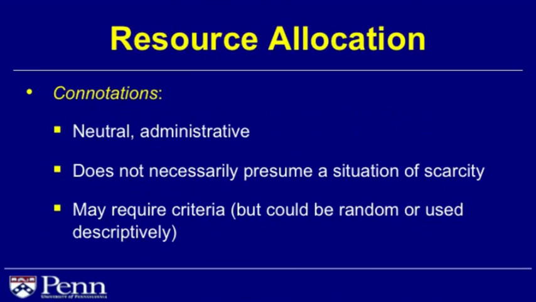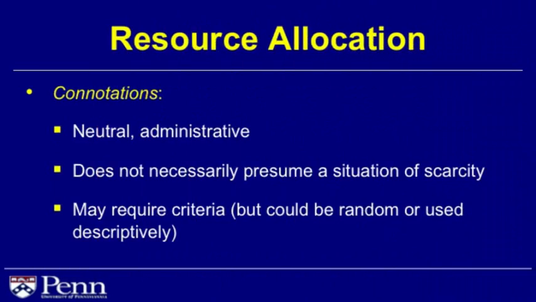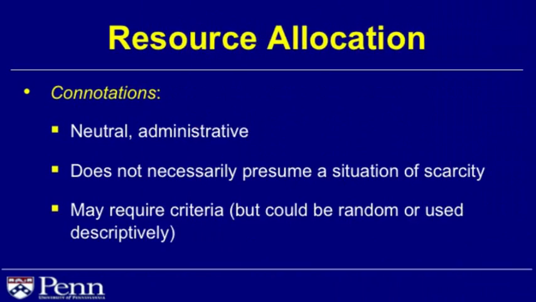As you can see, resource allocation has a more neutral connotation compared to priority setting, and it frequently is done administratively, not by any big authority. It doesn't necessarily presume a situation of scarcity. It presumes a situation where you have to allocate or decide who gets what provisions. It may require criteria, or it can often be done randomly.